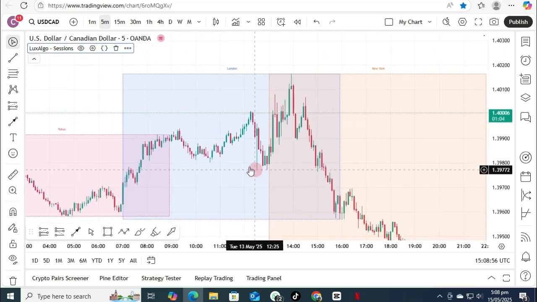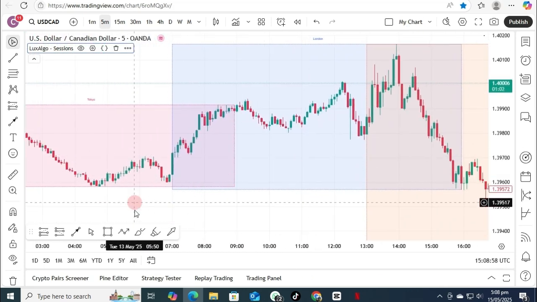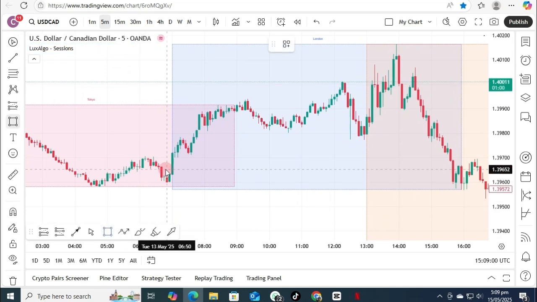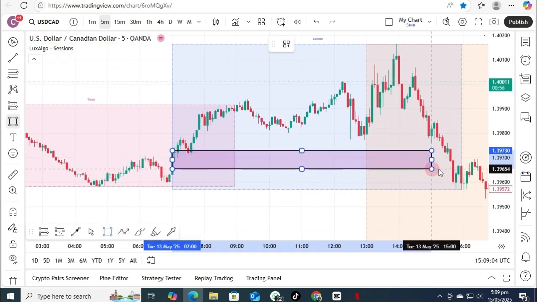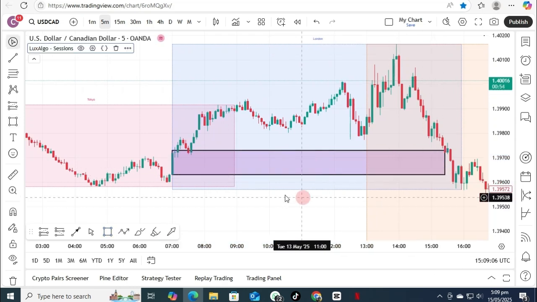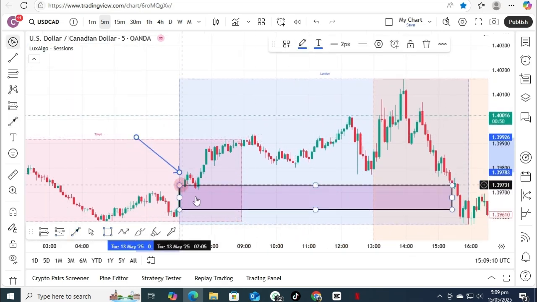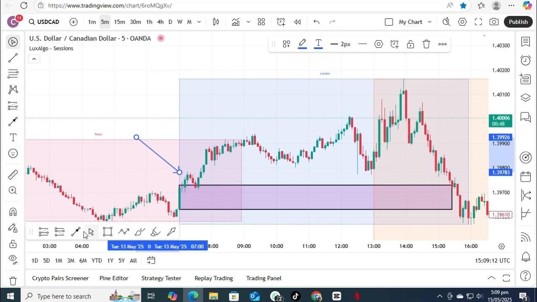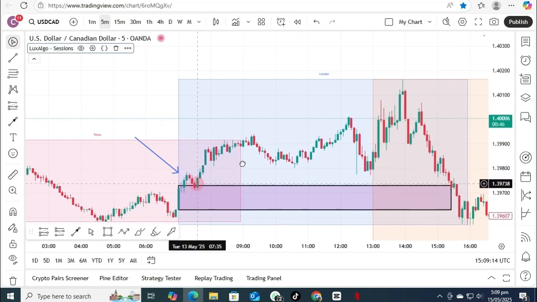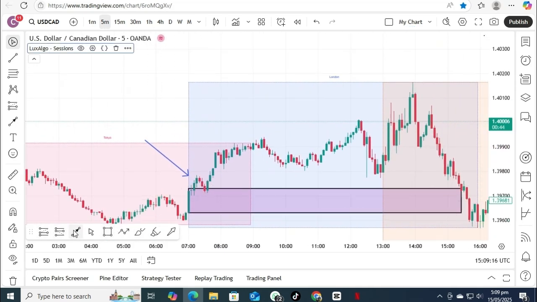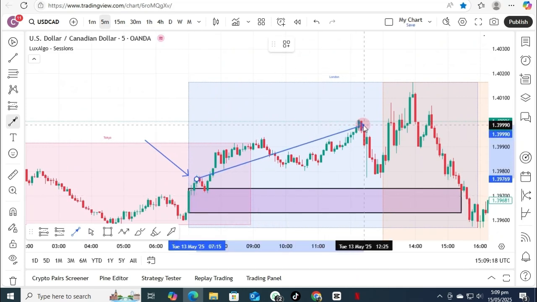This one is very good for scalpers, because they just have to know what to do at the right time. The London session is beginning after the Tokyo session has been in progress, and here price closed on a bullish candle, which is the reason price is going up.